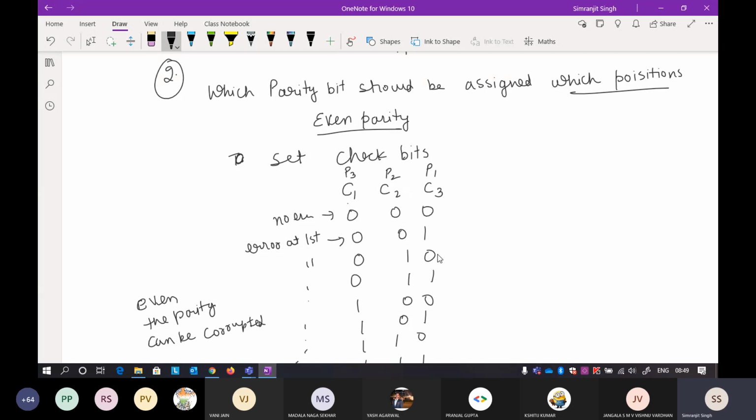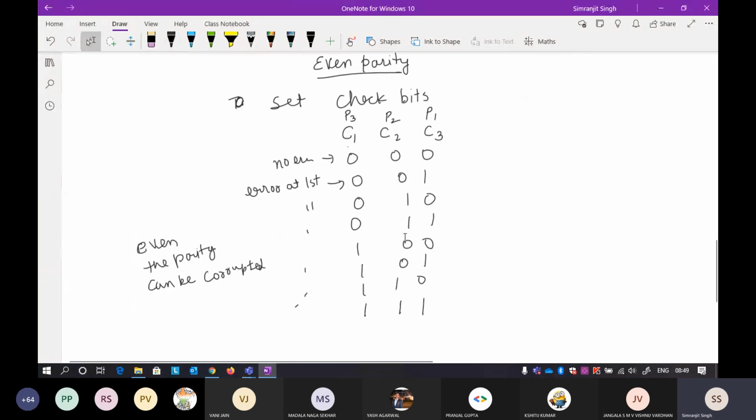This pattern tells you which position each parity bit is supposed to take care of. I can write 0, 1, 2, 3, 4, 5, 6, and 7, so the total is 8 possibilities, where 0 is no error.